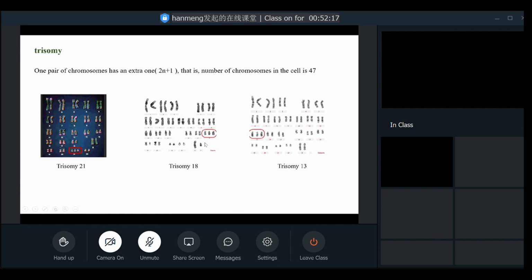If one chromosome is extra, the gene products will affect the balance of gene products. So many of these babies may die early in their development.